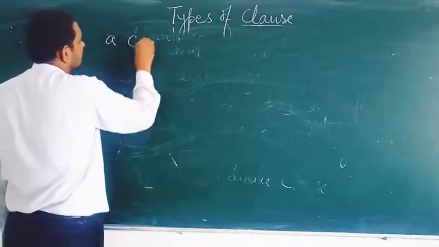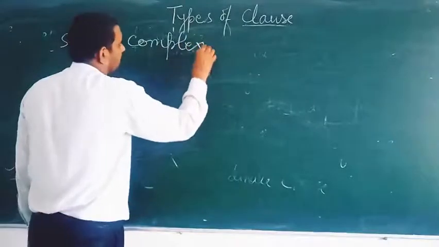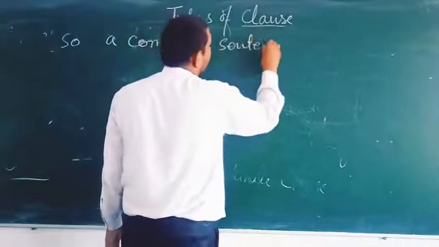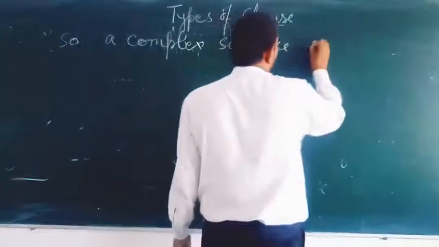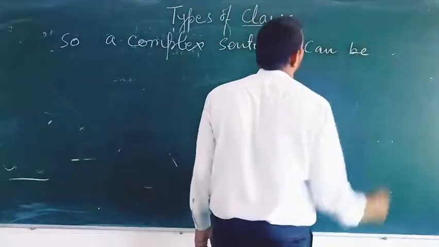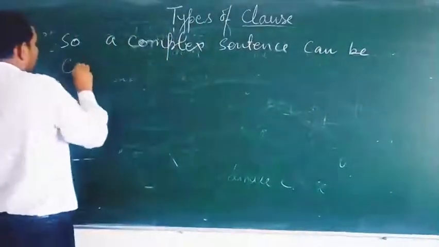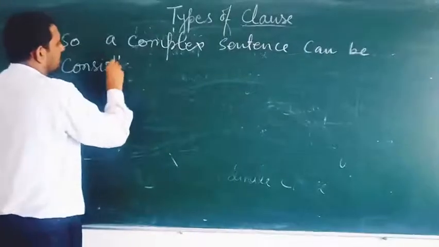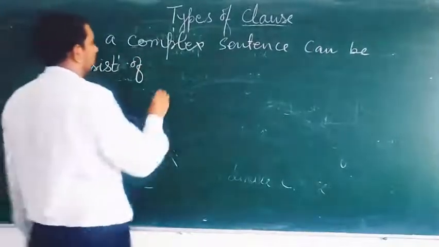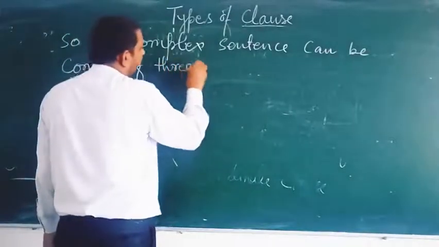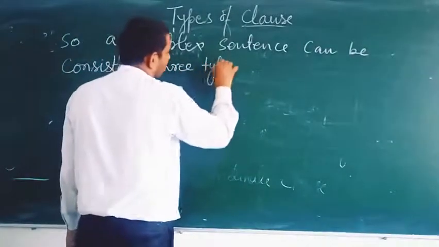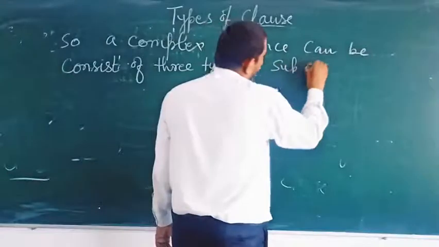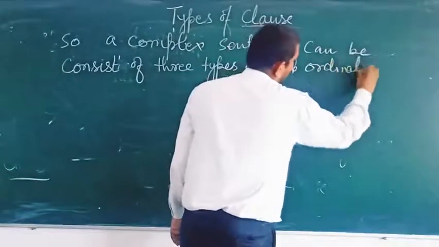A complex sentence can consist of three types of subordinate clause.